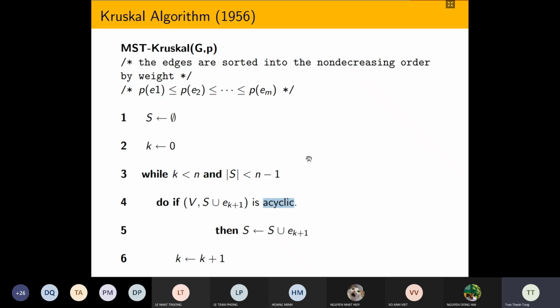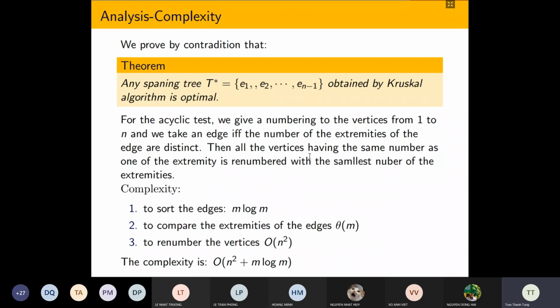So here are the algorithms. You see, we give a number to each vertex, and if they are the same, the link would change the number. So here people try to analyze the complexities.